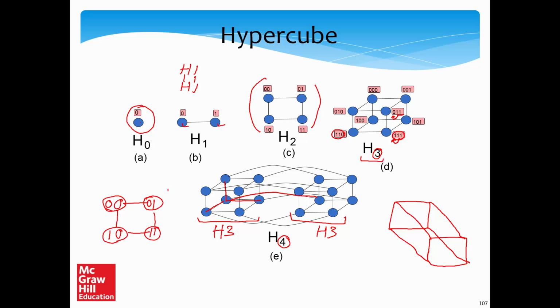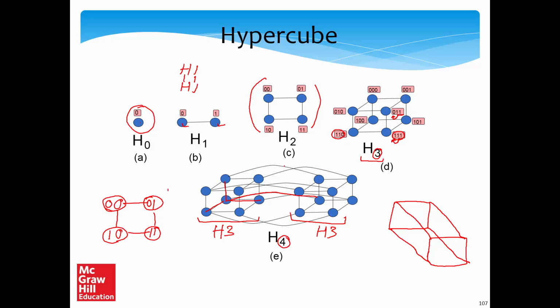Basically all the neighbors will have a difference of 1 bit. So this node will have a 4-bit ID, and each of these neighbors' IDs will differ from it in only one position. So it is fairly easy to compute the properties of the hypercube.